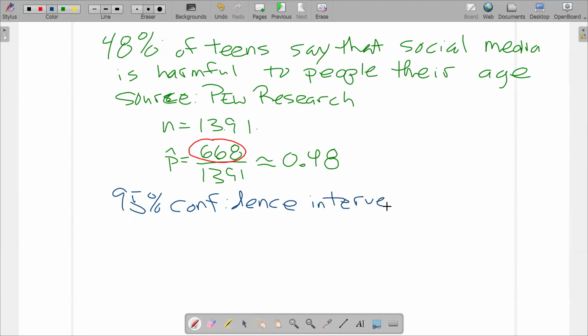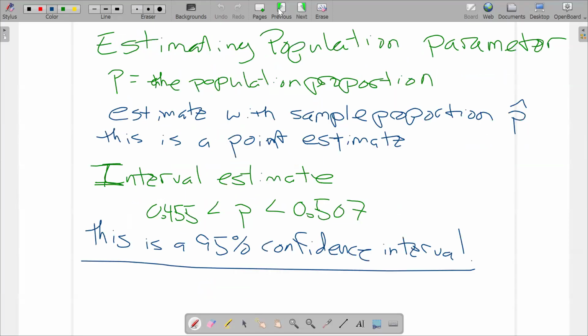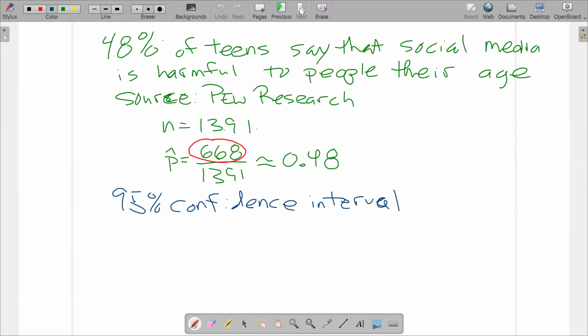And we can state intervals in math in two ways. We can do like I did back here, where I do a compound inequality, or we could state the interval in parentheses. So I could also state parentheses 0.455, the low value, comma, 0.507 for the high value.